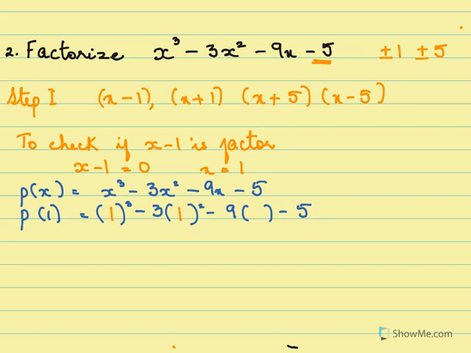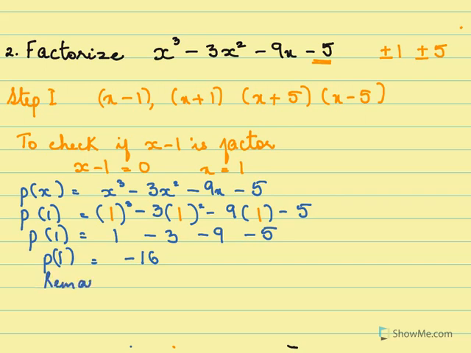Here you have 1, 1, 1. Go ahead and see, P of 1 equals 1 minus 3 minus 9 minus 5. So we have P of 1 equal to minus 16.